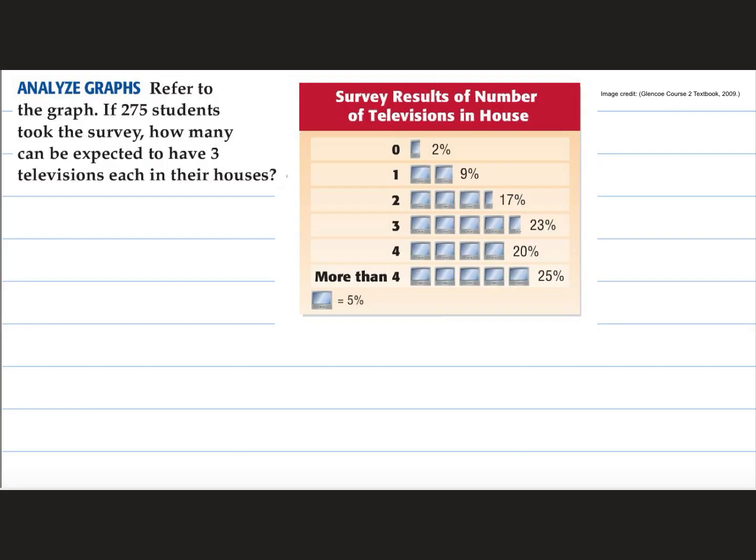All right, this one says to refer to the graph. If 275 students took the survey, how many can be expected to have 3 televisions each in their houses? So here's my 3 TVs, and the percent of it was 23. So out of the survey, 23% said that they have 3 TVs, and that's 23% of the 275 students.